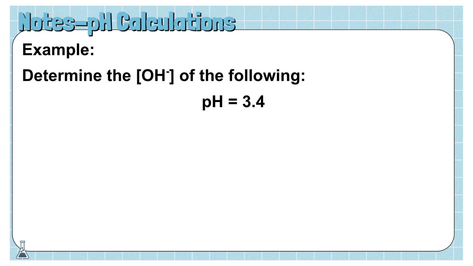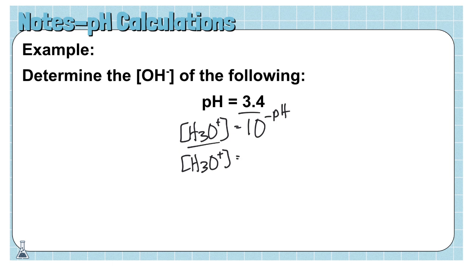So then for our last example, this one says determine the hydroxide ion concentration of the following. So what equation we have is we know that the hydronium ion concentration is 10 to the negative pH. So I can find my hydronium ion concentration because I know the pH. So the hydronium ion concentration is 10 to the negative 3.4.